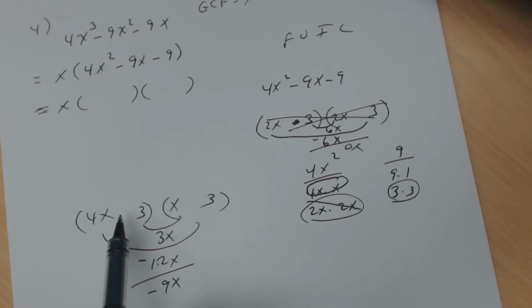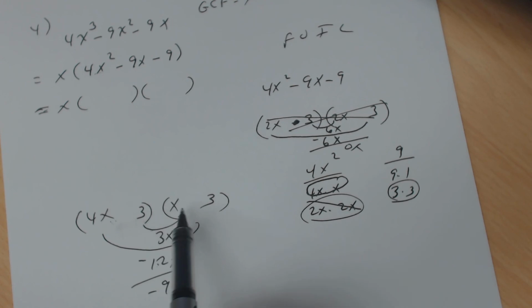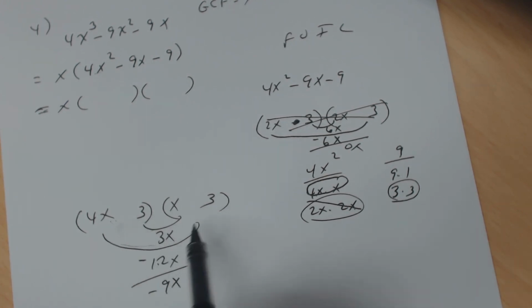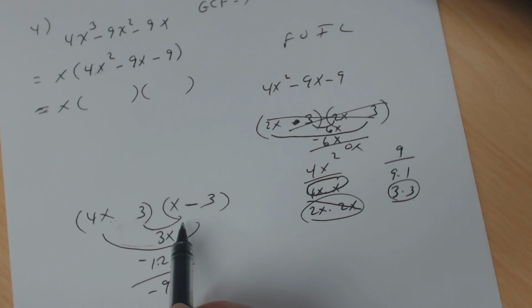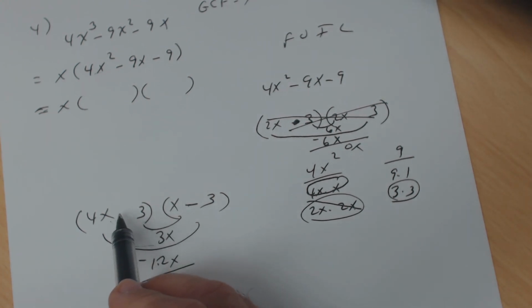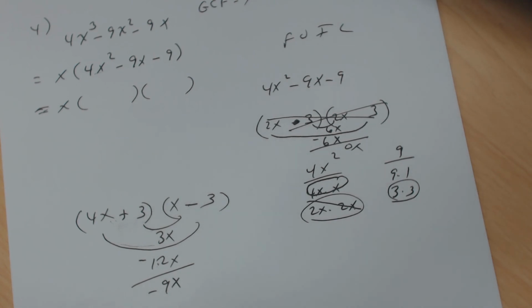So now I'm almost done. These terms are in the correct order. So all I have to do is figure out which one's positive, which one's negative. The outer, 4x times 3, I want to be a negative 12x. In order for that to happen, this 3 has to be negative. And I want this to be a positive 3x. In order for that to happen, this 3 has to be a positive 3.